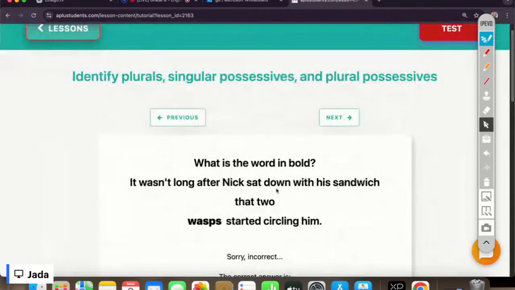Then: It wasn't long after Nick sat down with his sandwiches that two ants started bothering him. So what's the right one here?